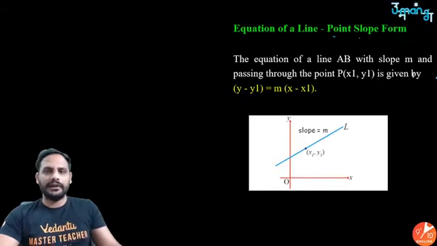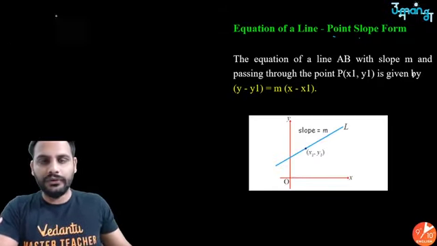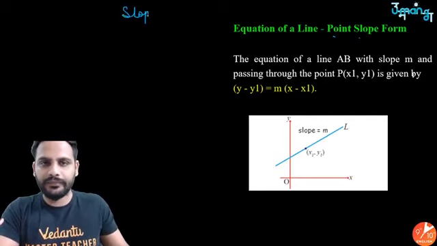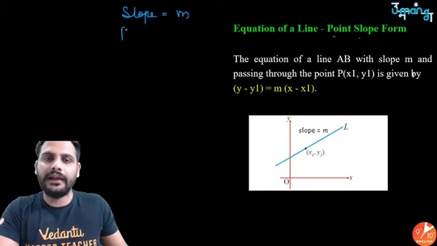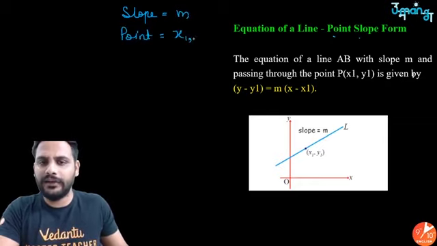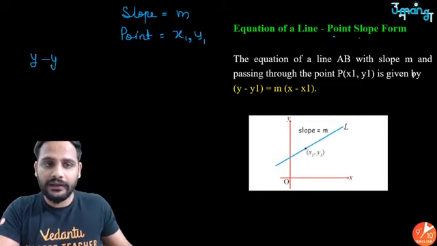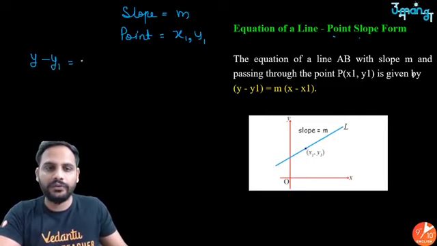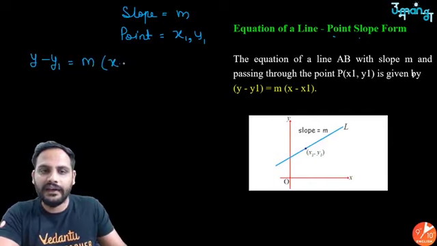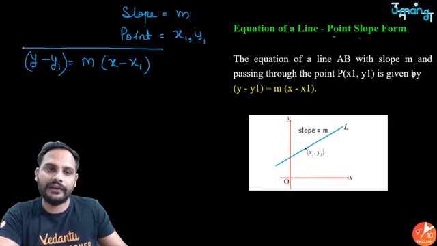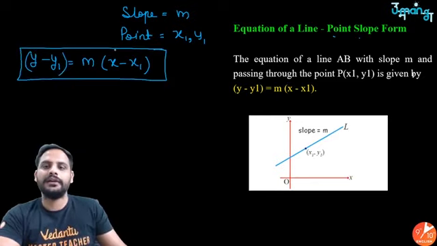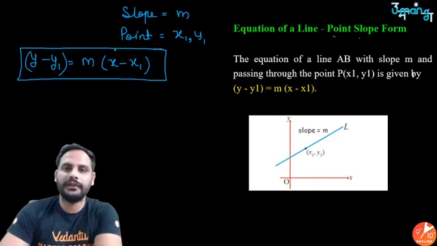So suppose the slope is equal to m and any one point lying on that line is, let us say, x1 comma y1. So the equation of the line will be y minus y1 is equal to m times x minus x1. Got it? Solve this equation, and in the final form you will get your equation for the line.